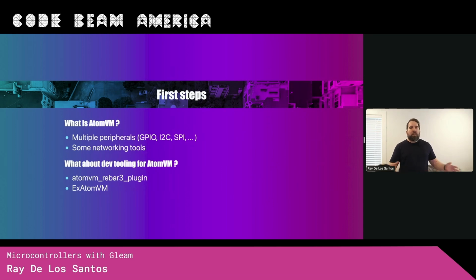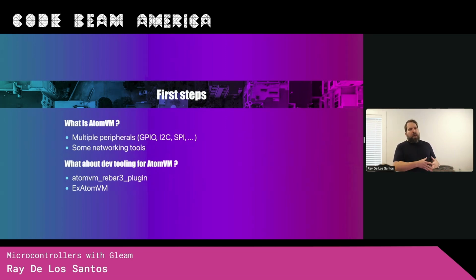I'm going to give an overview of what AtomVM is. It's a BEAM virtual machine, but it's more focused on controlling the RAM needed for running on the microcontroller than on the performance of the VM. It's still performant, so it's trying to have some trade-off, but not a lot.